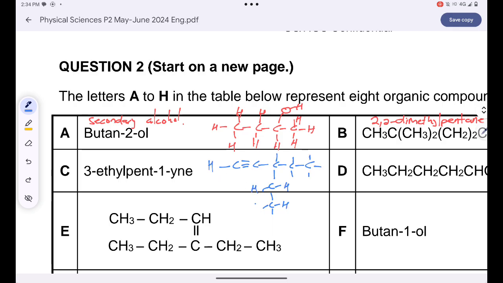So this is our structural formula for 3-ethylpent-1-yne, and this type of organic compound is called an alkyne.